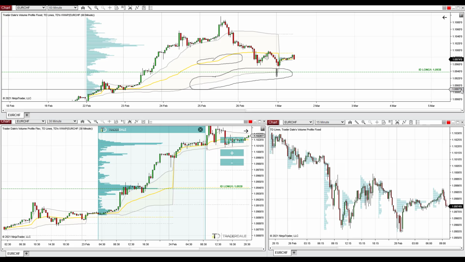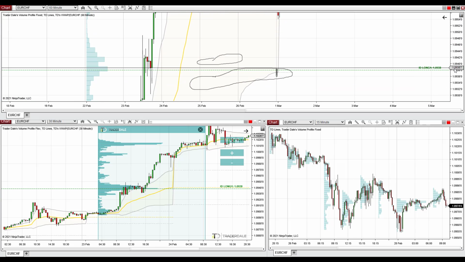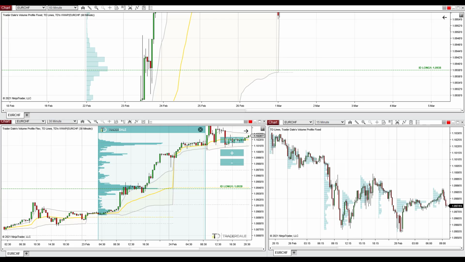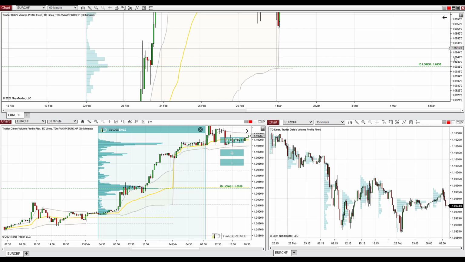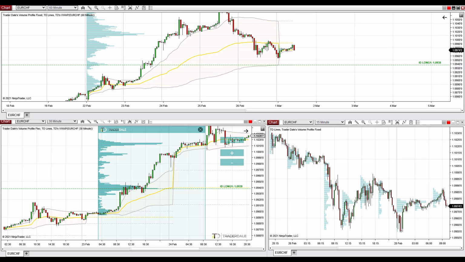If I zoom in, you'll see that there is a gray dotted line at the place where the calculation stopped in here. All right, so this level is an important level from the VWAP point of view. And it is a nice confluence because it lies almost exactly at this level, which is based on volume profile. All right, so that's the new support on the Euro Swiss franc.